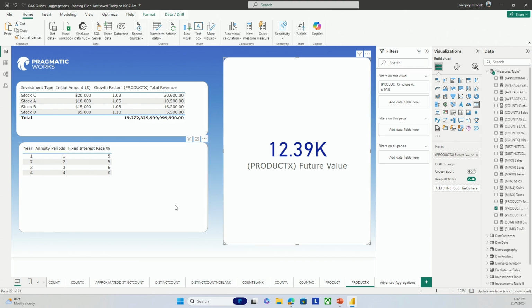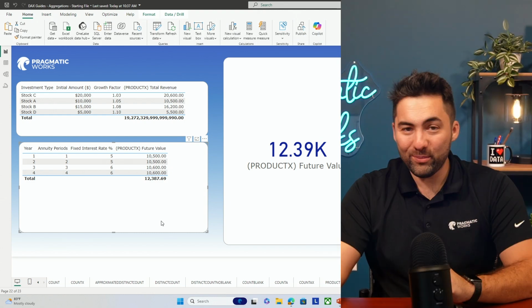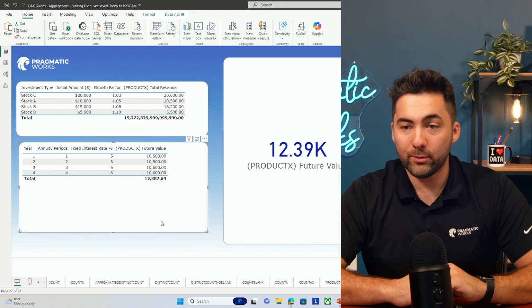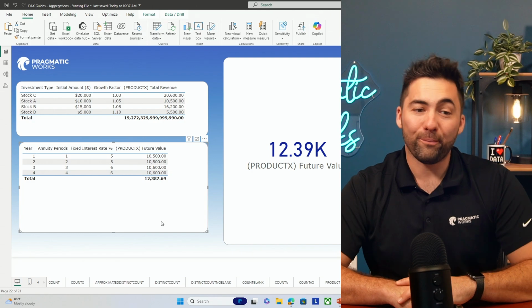Now I can use this fixed table of investment growth and look at my initial investments over time. If I bring this into the table as well, I can see that I'd be moving up each time, which, because I have that dividing at the end, helps a little bit, that 1 plus. Those components make this a reasonable number compared to the craziness that I might initially have. So maybe with product X, it's time to make a little bit of money.